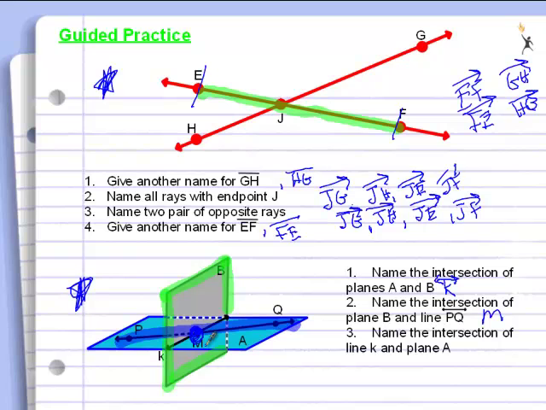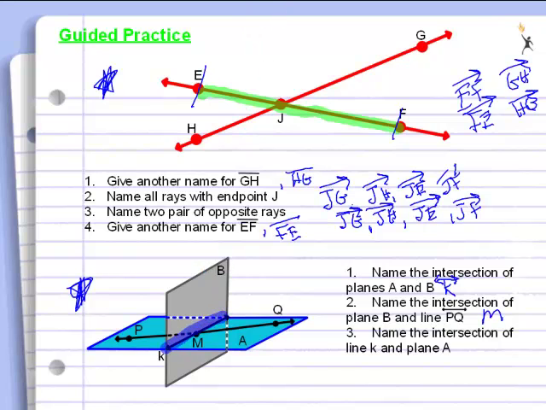And then number 3 tells us, name the intersection of line K and plane A. Plane A is in blue, or it's the turquoise. Line K is one that we've already seen. It's this line.